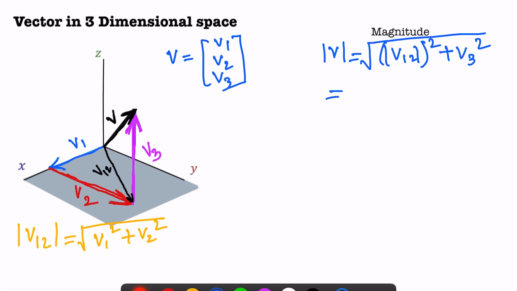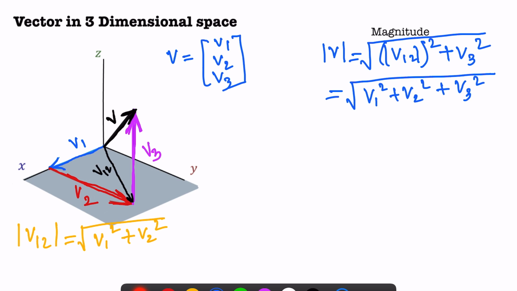We already calculated v12, so that is v1 square plus v2 square, and then we have v3 square. So the magnitude of this vector v in three-dimensional space will be the square root of v1 square plus v2 square plus v3 square. So it can be generalized to n dimensions as well.